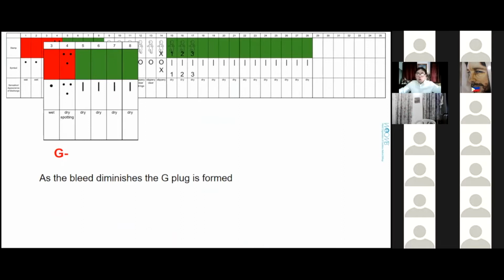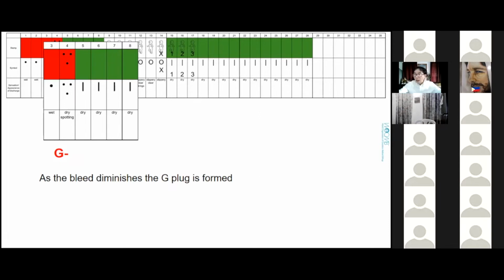No G mucus or guard mucus, the one closing the cervix. But the G mucus begins to appear the moment the bleeding diminishes. So the G-plug mucus begins to appear day 4. What is day 4? Dry spotting.